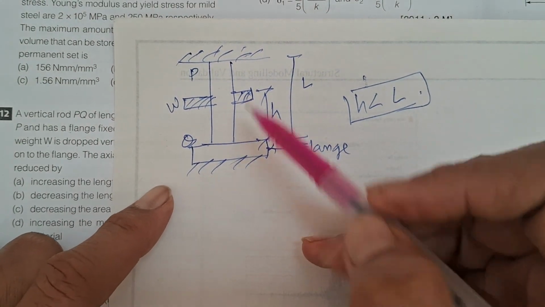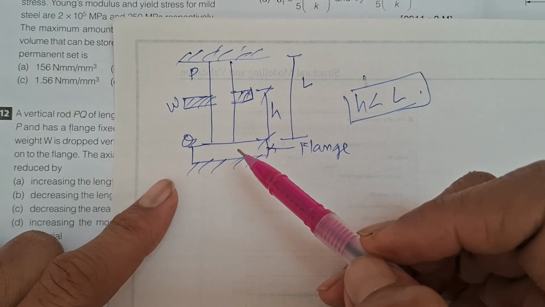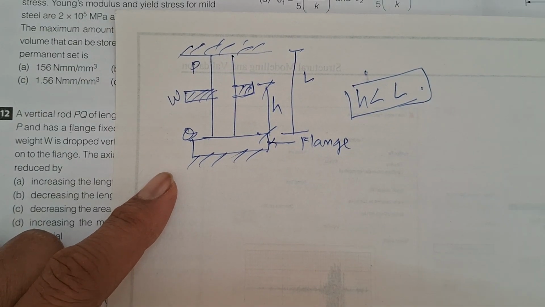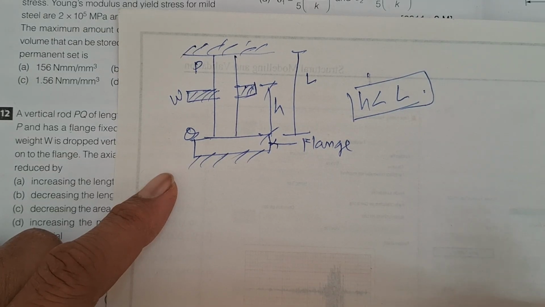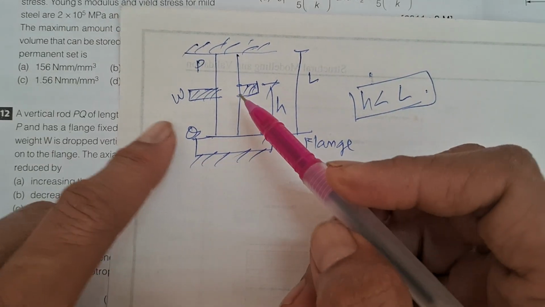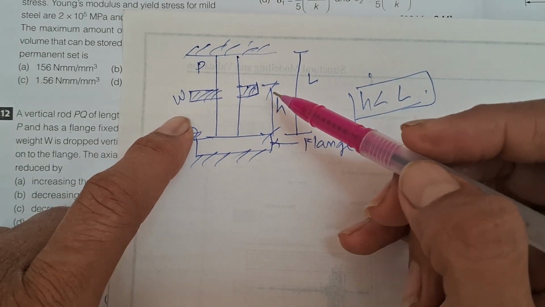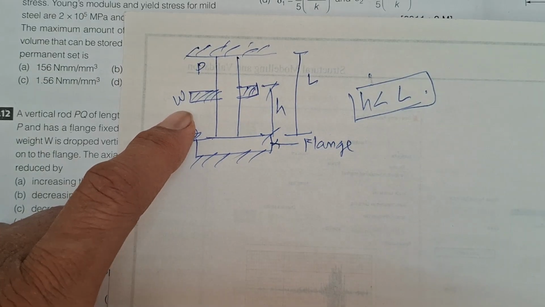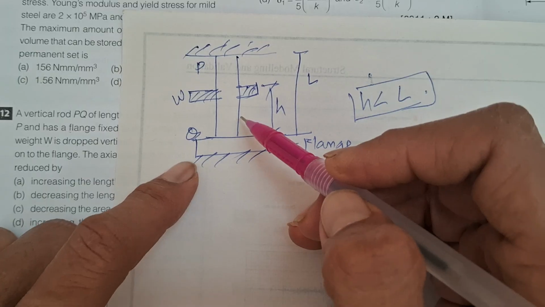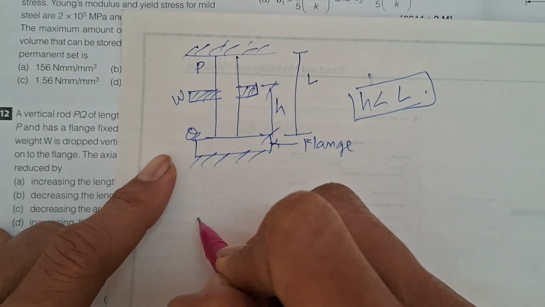This is a clear case of impact loading. Here we are not entering into that section whether it is gradual loading or sudden loading or impact loading, but still let's understand that it is a case of impact loading where a weight is dropped from a height H.